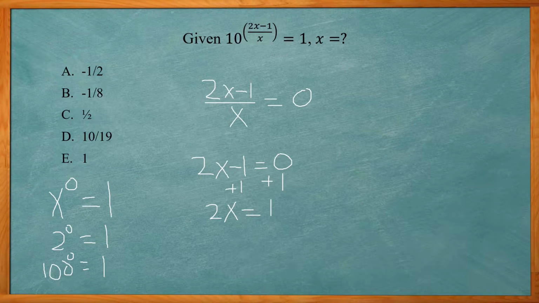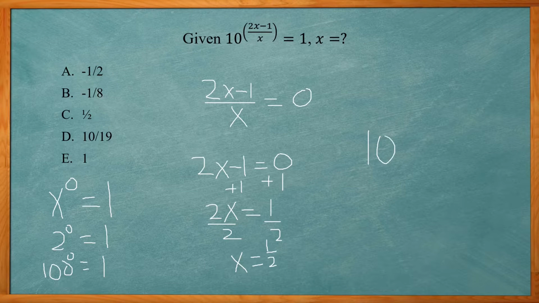And then divide both sides by 2. x equals 1/2. So x equals 1/2 works in this problem. It doesn't cause a division by 0. It just makes the top 0, giving us 10 to the 0 power, which will give us 1. So x equals 1/2. Choice C.